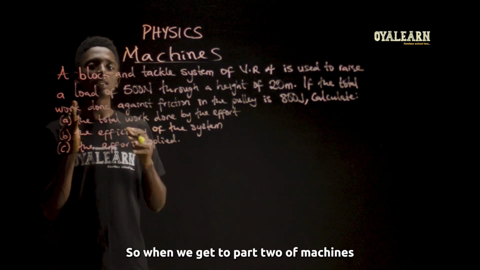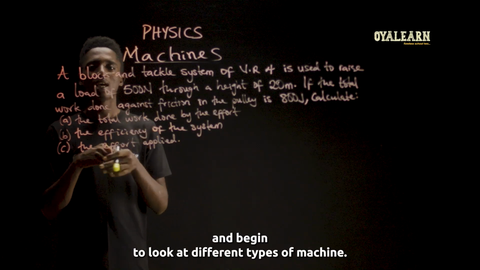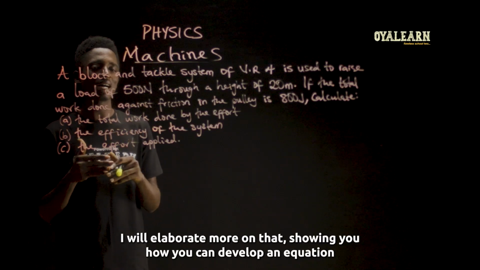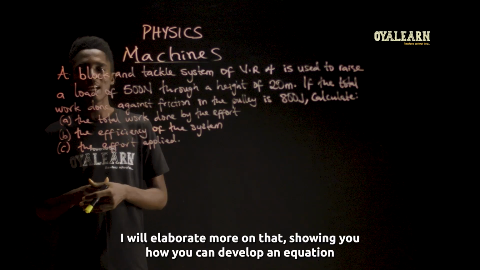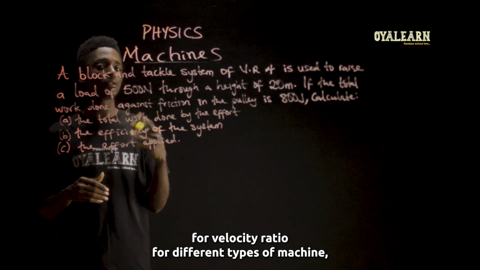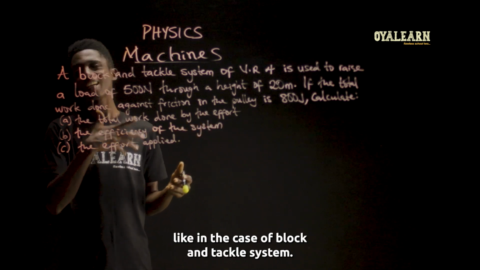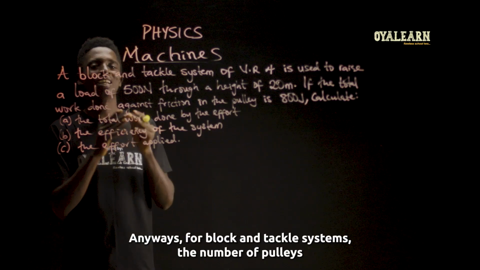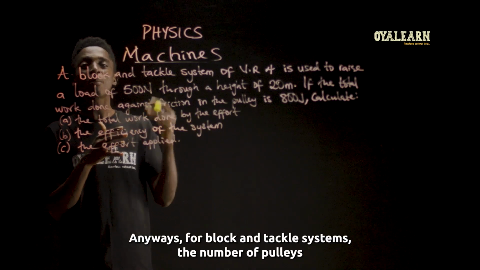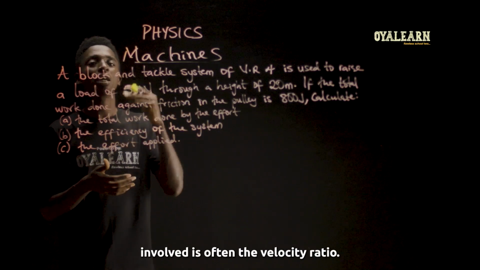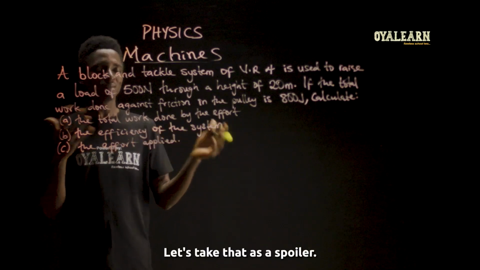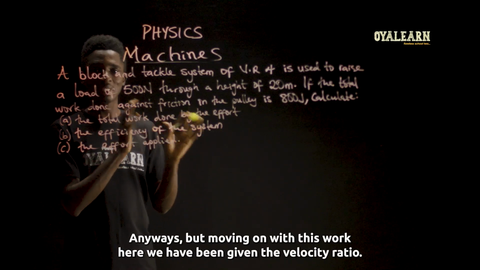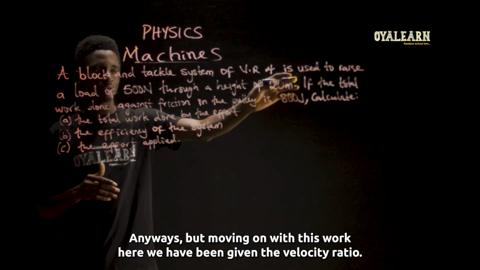So when we get to part 2 of machines and begin to look at different types of machine, I will elaborate more on that, showing you how you can develop an equation for velocity ratio for different types of machine. Like in the case of block and tackle systems, let's just say spoiler alert, the number of pulleys involved is often the velocity ratio. Let's take that as a spoiler anyways. But moving on with this work here, we have been given the velocity ratio here to be 4.